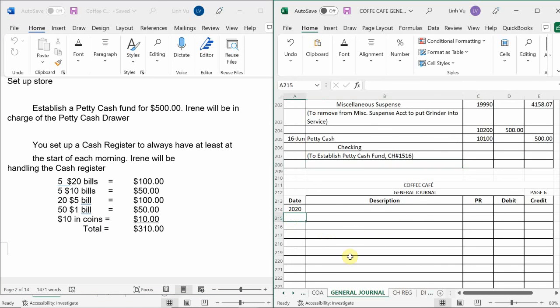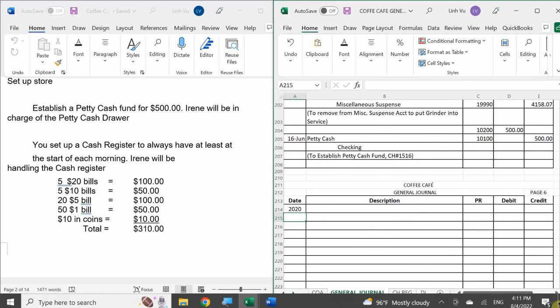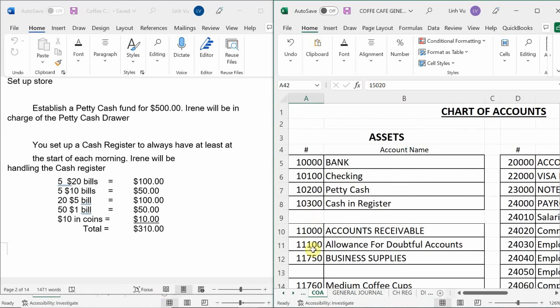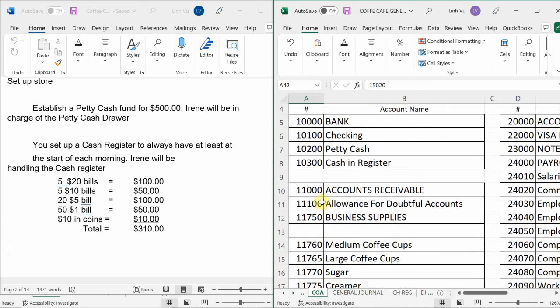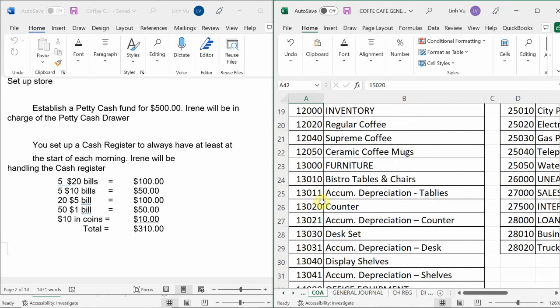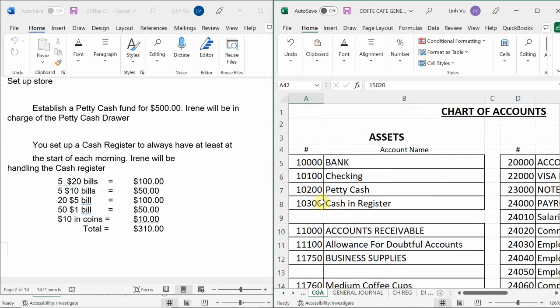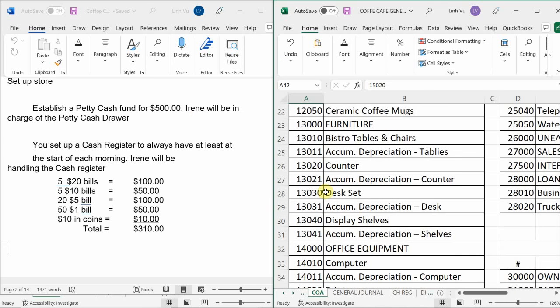Okay, now let's take a look at my chart of accounts because there are two accounts. Yeah, I was going to say there are, because cash register is the payment of it to buy it on the asset. So there's a cash register expense or something somewhere, isn't there? No, it wouldn't be an expense. I know there's somewhere down further.